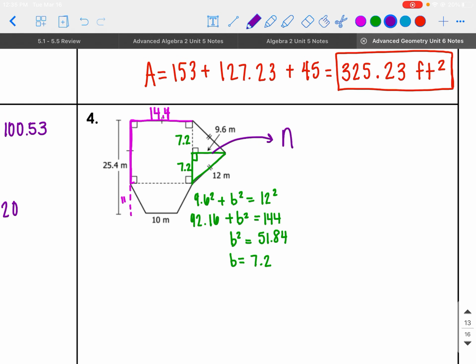All right. The area of the triangle. We're doing the whole triangle. It's half times base, 14.4, times height, 9.6. And that's 69.12.